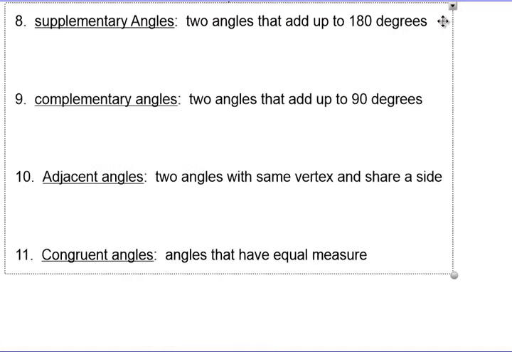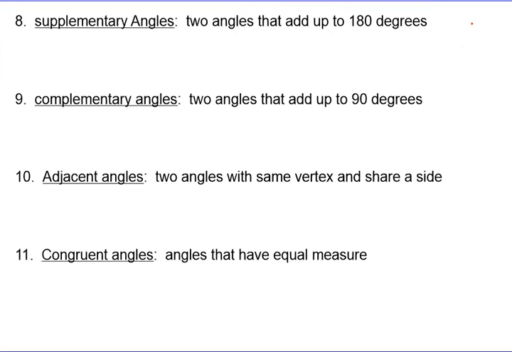Alright, supplementary angles are two angles that add up to 180 degrees. They don't have to be connected together. So let's say that I had this angle, and let's say it was 40 degrees.